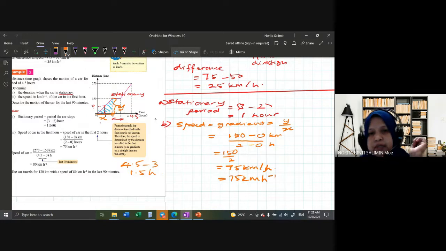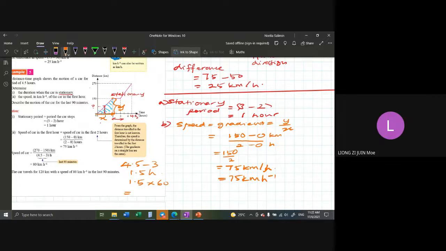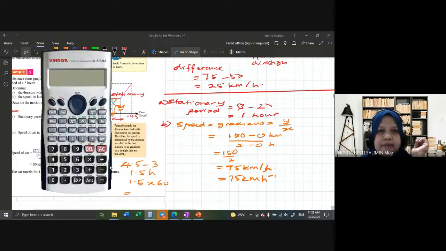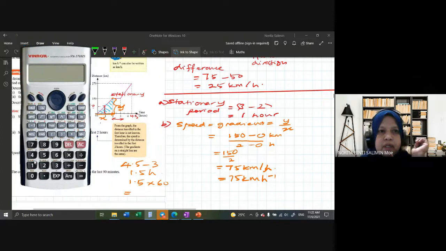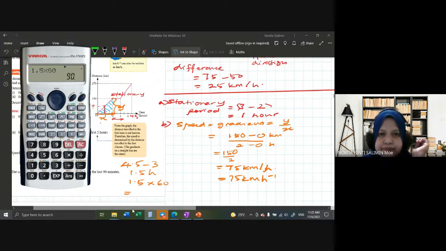To change from hours to minutes, we multiply 1.5 by 60, so that means 90 minutes.